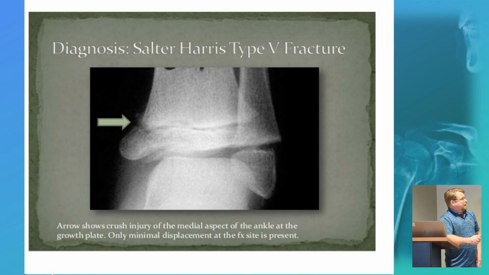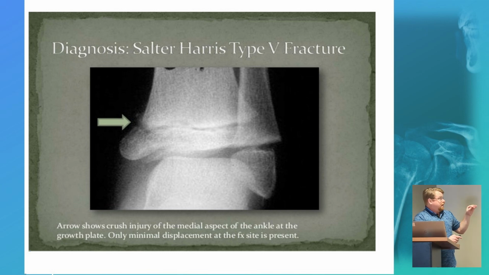And then the worst is if you crush this. This has the worst end game, the worst thing that could happen. So this is more likely that you're going to end up with a physeal arrest. If they come to your office, I'll just throw this out, they had a fracture 6 months ago. We already treated it. They never came back. You know, they're doing great. And they're limping, or something doesn't look right.